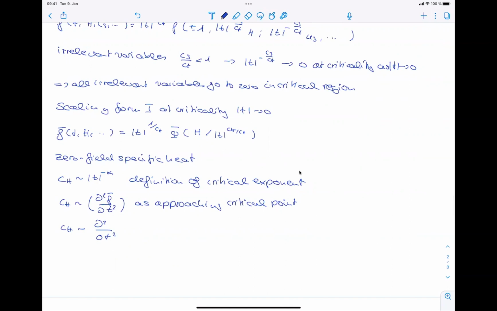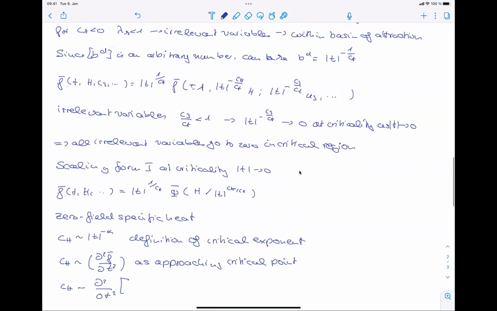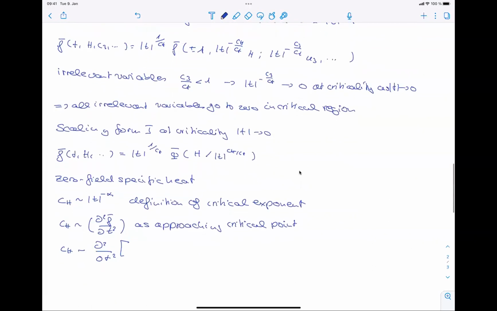In principle, just to motivate, if I were to just put in the entire free energy without the scaling function, this would be the form b to the minus d.